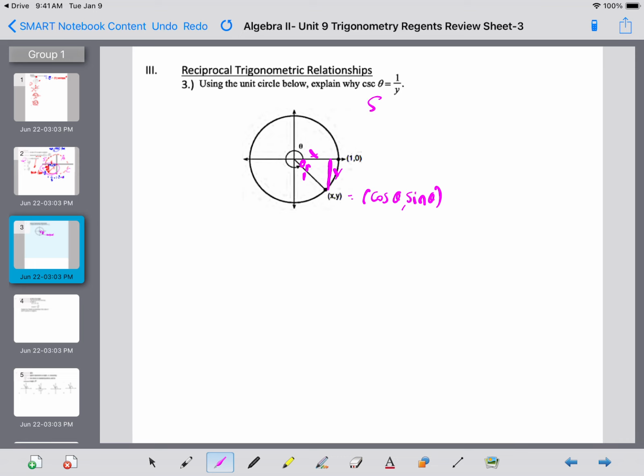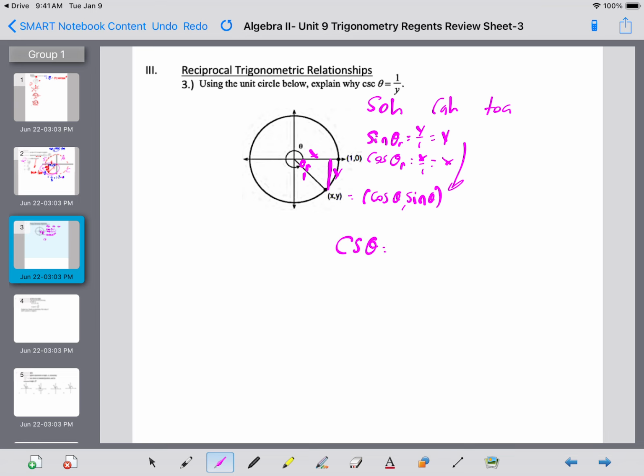If I wanted to show that work, you don't have to go this in depth, but sine of theta r would equal y over 1, which just equals y. Cosine would be x over 1, which is x, which proves cosine is x and sine is y.